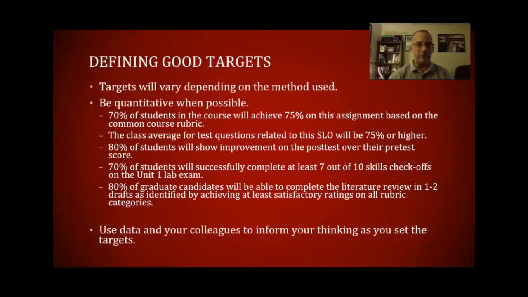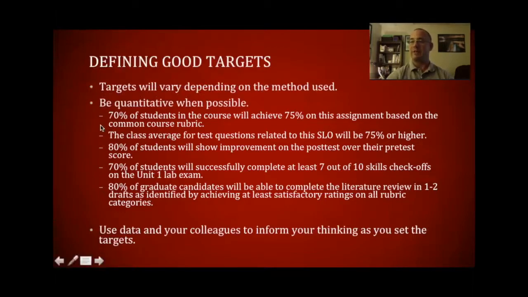Once you've identified what that measure is going to be, we need to identify targets. I really like this slide here because it combines both of those, addressing both of those questions. What are some good measures, but as well, what are some good targets? So for example, maybe we're going to use a common course rubric in this first example.